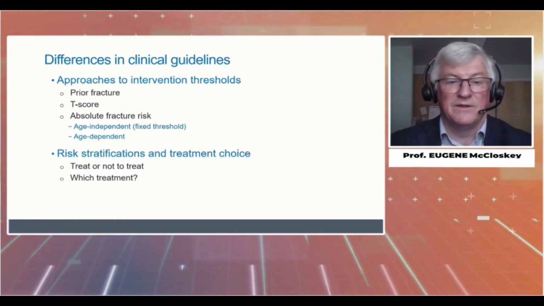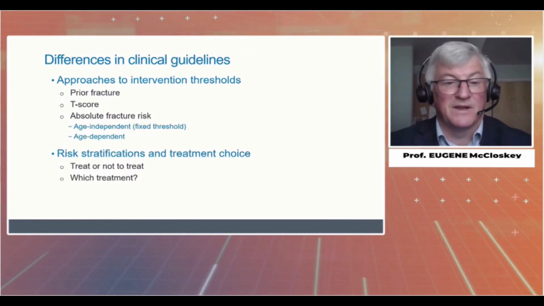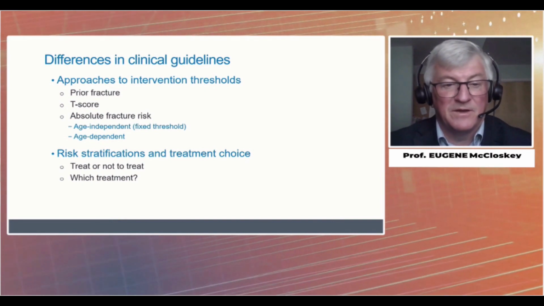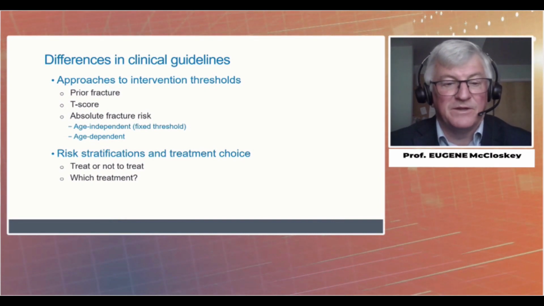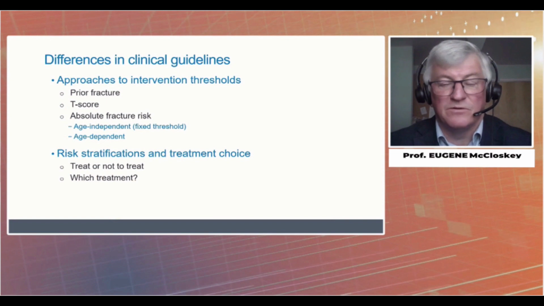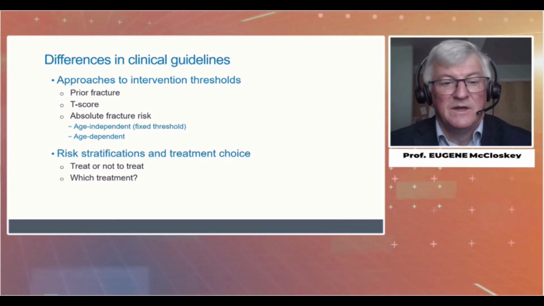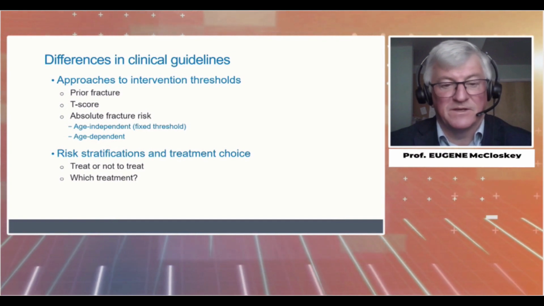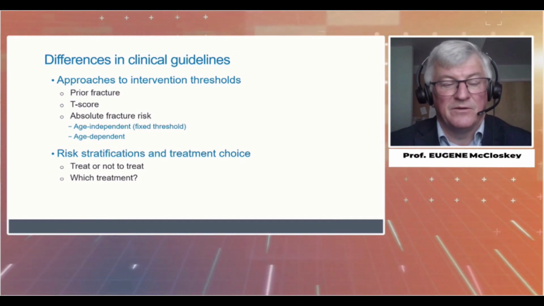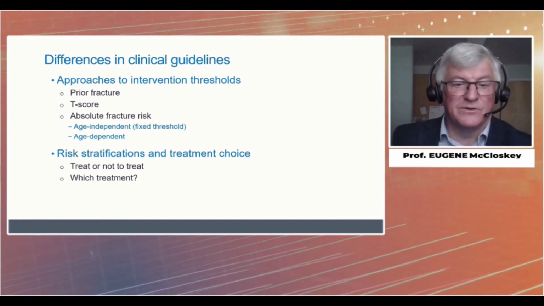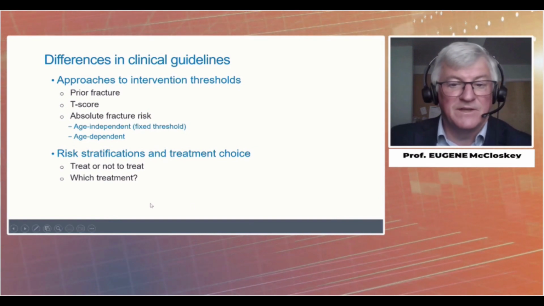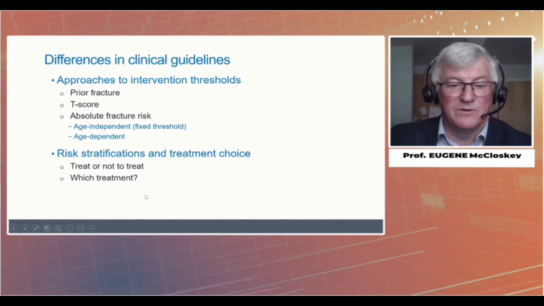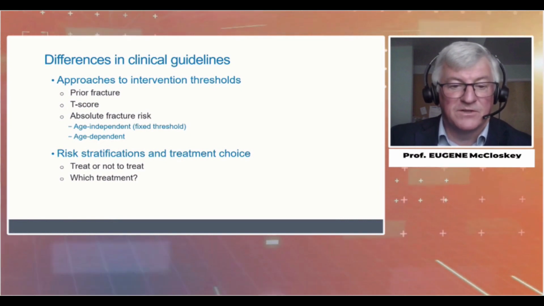So that's the approaches to risk stratification that have been applied over the last 30 years or so in the management of osteoporosis. The ability to assess absolute fracture risk actually allows us to refine thresholds to a much greater extent than just the simple use of T-score thresholds and prior fracture thresholds.